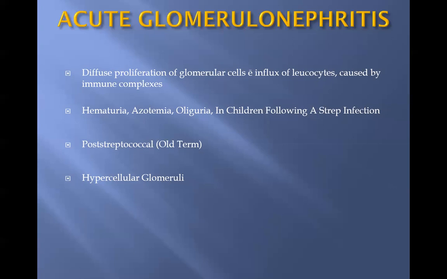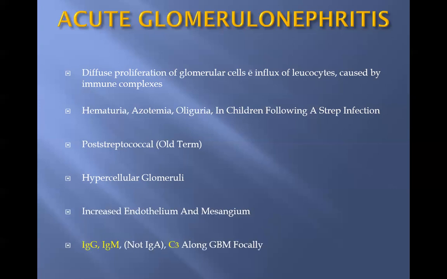There is hypercellular glomeruli. So you have seen how a normal glomerulus looks, but when it becomes diseased, it becomes hypercellular. It means there is proliferation of endothelial cells, epithelial cells, and mesangial cells, plus infiltration of inflammatory cells, mostly neutrophils, but you can also have monocytes.